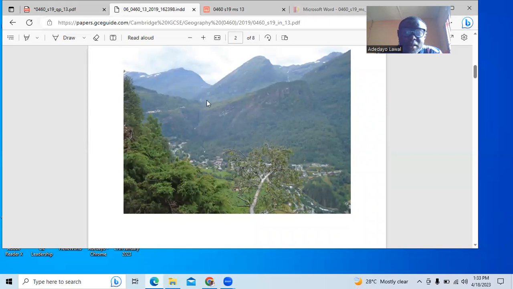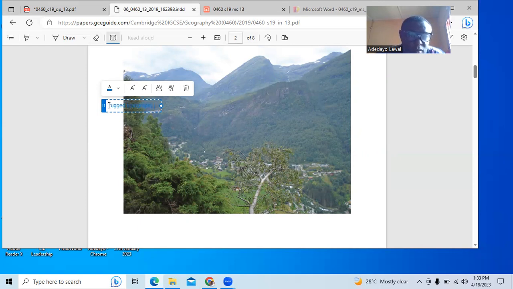Number one is rugged topography. And what does that mean? It means that the terrain is not smooth to build houses.